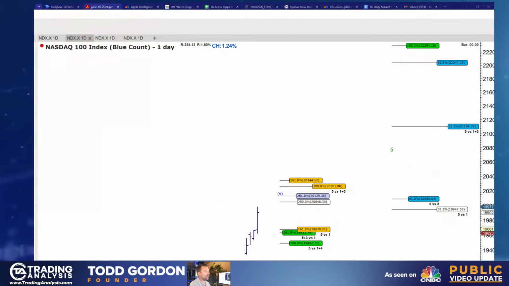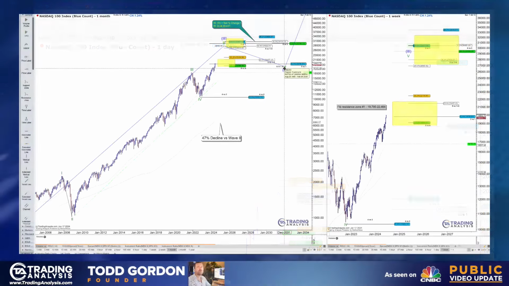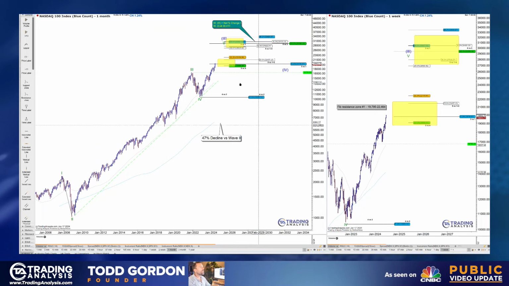Okay, let's go with this right here. The point there is you don't need a crash after a 5-wave move is completed. We're going to be superimposing from something higher that predated the Nasdaq. So that's fine. So here's the monthly.